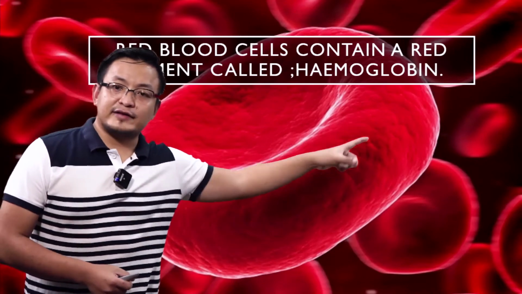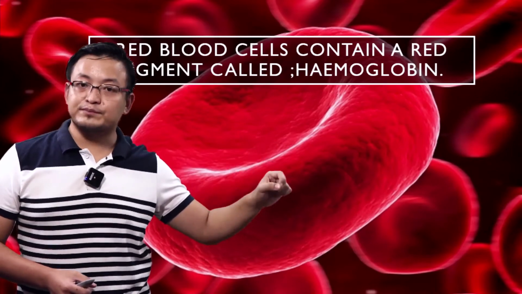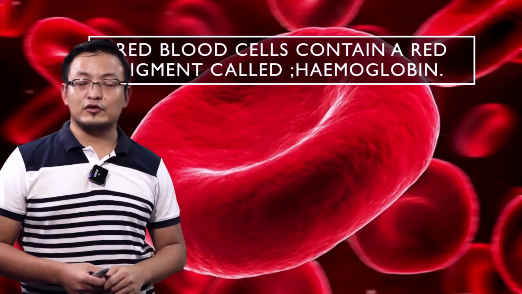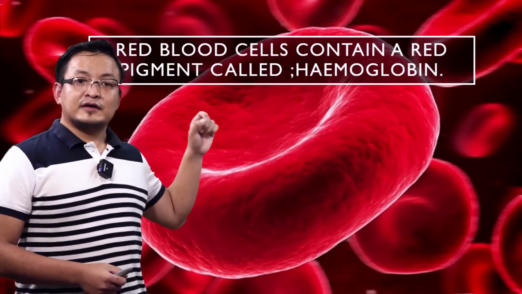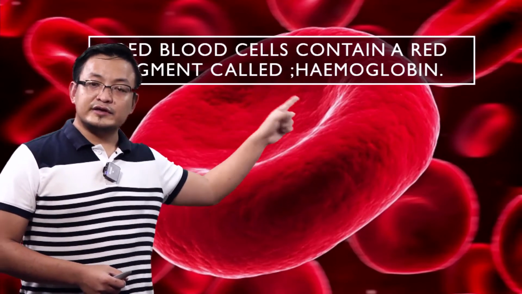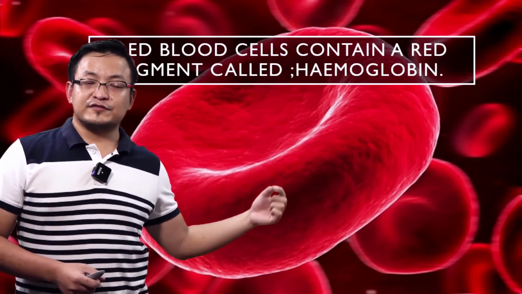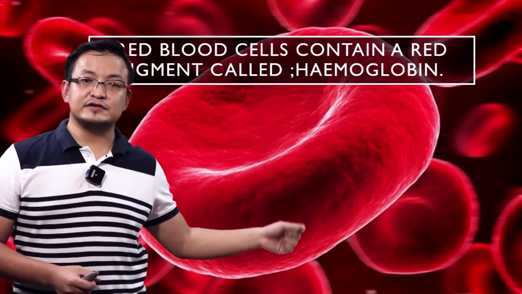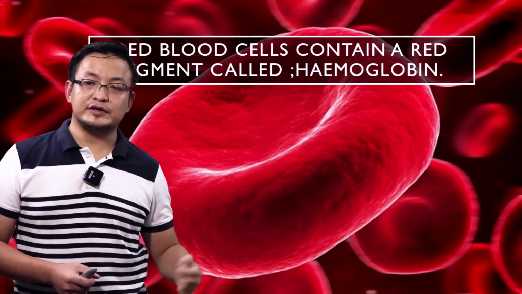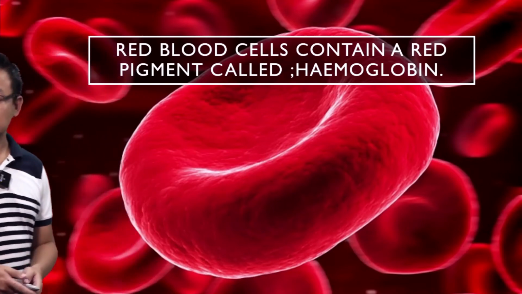It is red in color because it contains a red pigment called hemoglobin. Because of this, it supplies oxygen to all parts of the body. Clear? So you can have a look at this.